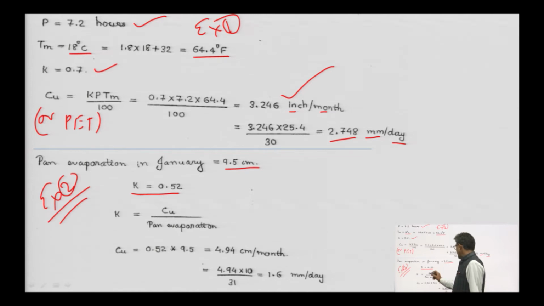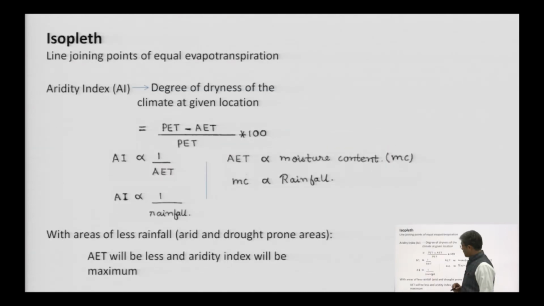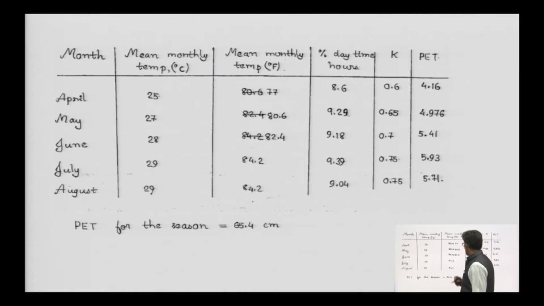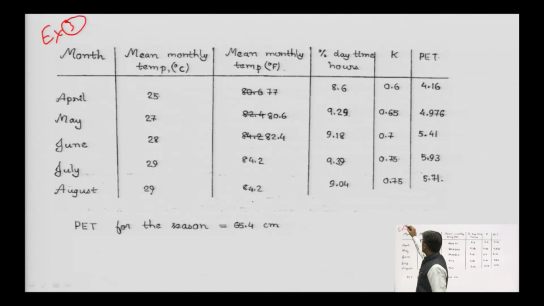Since K is Cu by pan evaporation, Cu can be calculated, in proper units. So, next, this is another example, example 3.